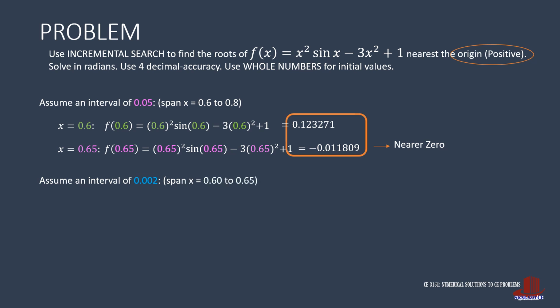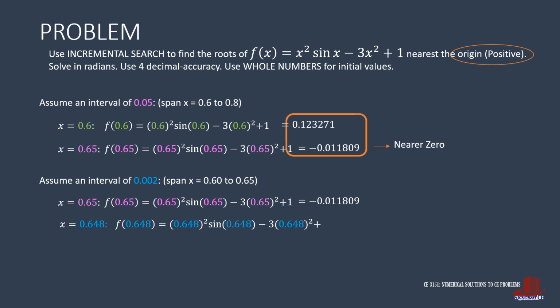We already have a smaller interval of 0.6 to 0.65. So let's take increments of 0.002 using x of 0.65 as the starting limit. Since we will be using the upper limit, the increments should be subtracted. So the first iteration is with 0.648.